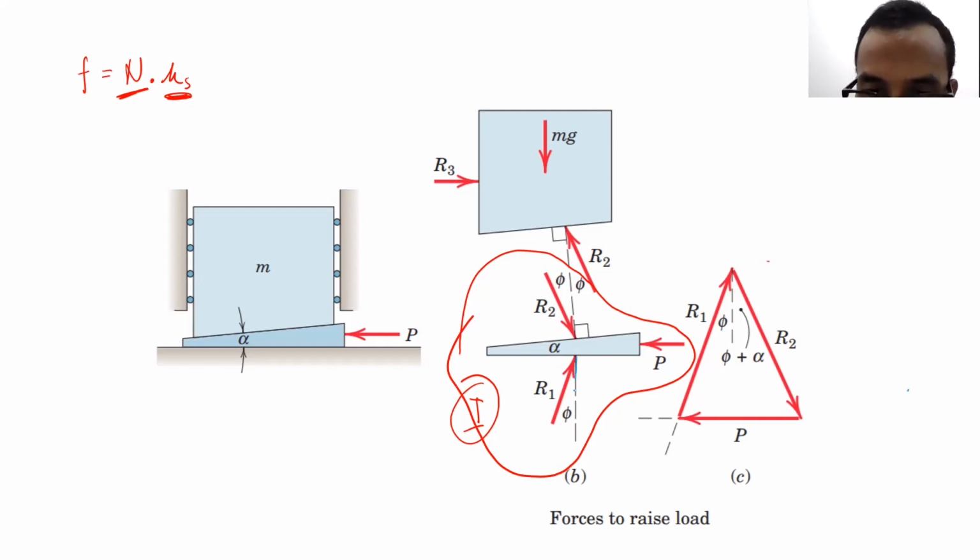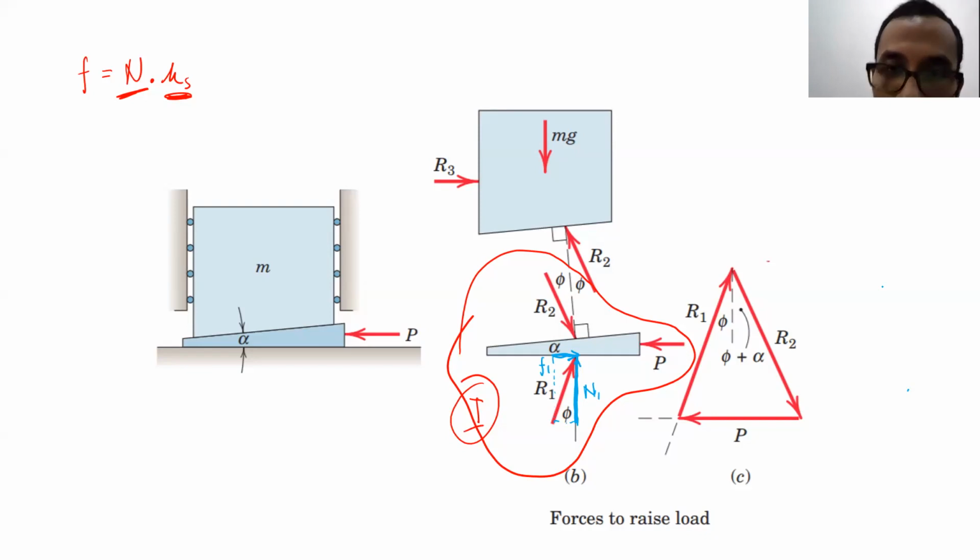Actually, R1 there is just the summation of normal force 1 and the friction force 1. Okay, normal force 1 and friction force 1, if you sum both together, what we will get is R1.